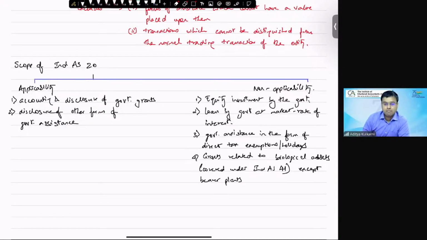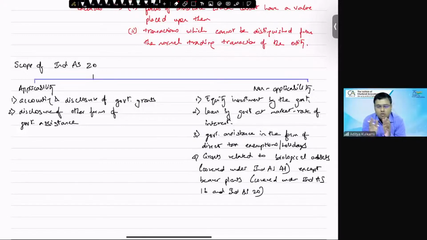Why? Bearer plants are covered under Ind AS 16. So grants related to biological assets are covered under Ind AS 41, excluding bearer plant related grants, which will be covered under Ind AS 16 and Ind AS 20. Are we okay with this?